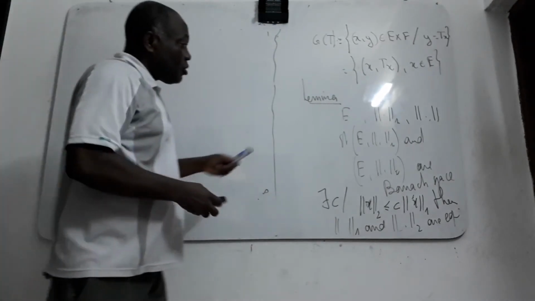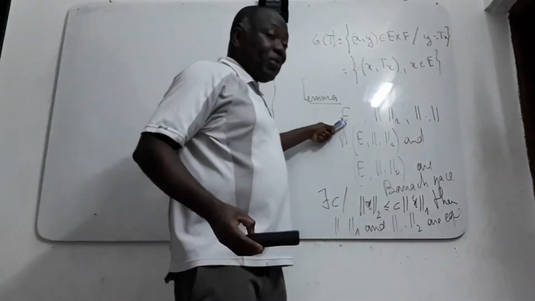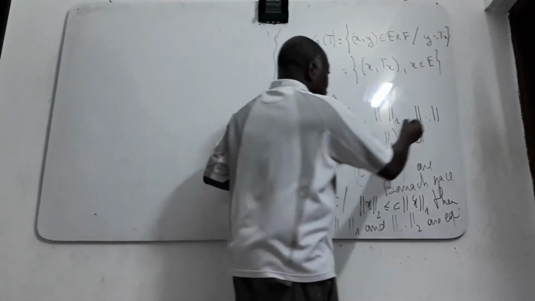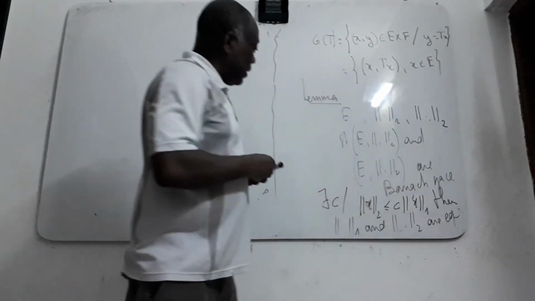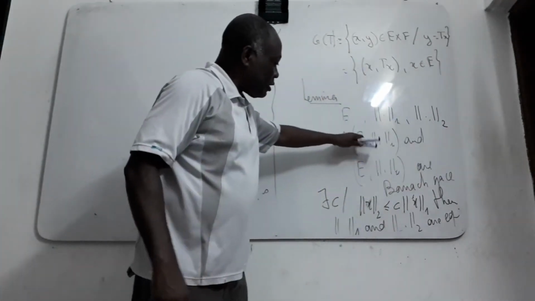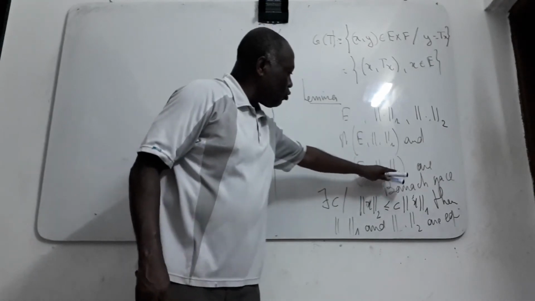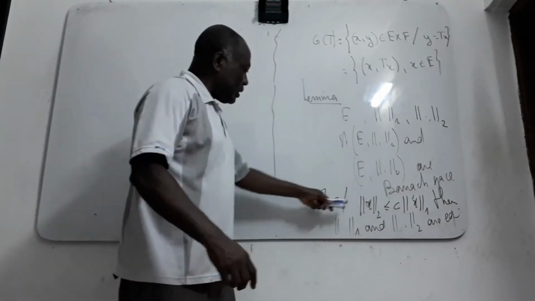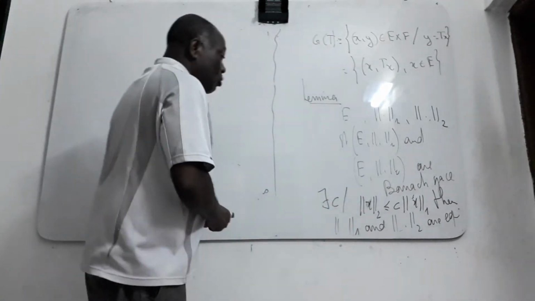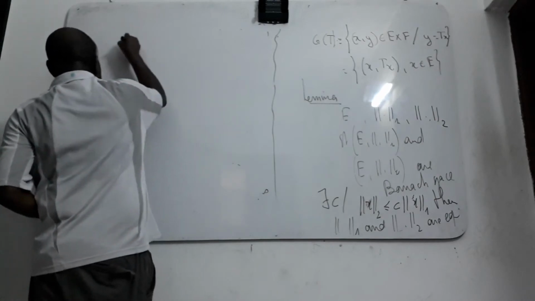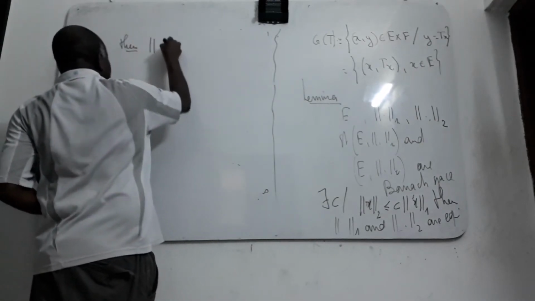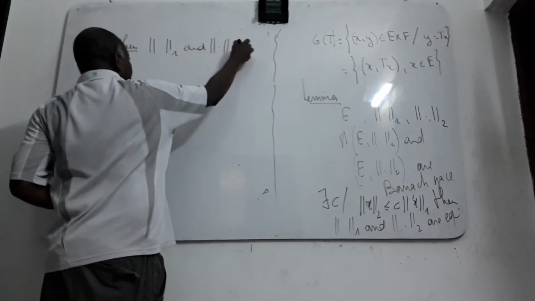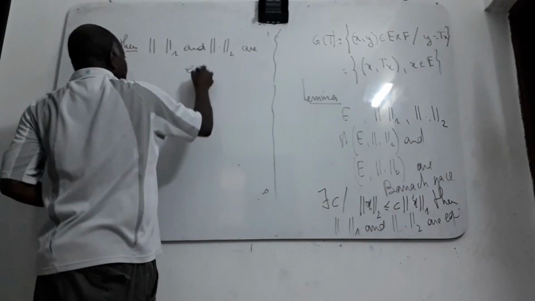You have a normed vector space with these two norms on E. Say that E with norm 1 is a Banach space, and E with norm 2 is also a Banach space. If there exists C such that you have this condition, then the two norms are equivalent.